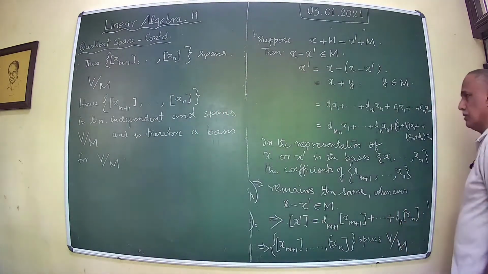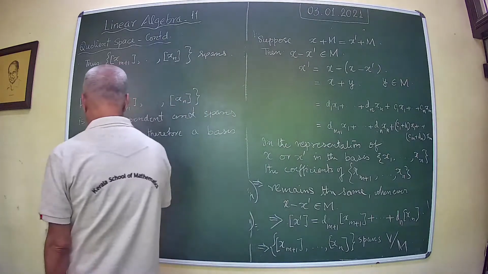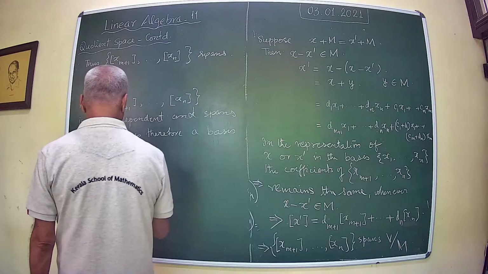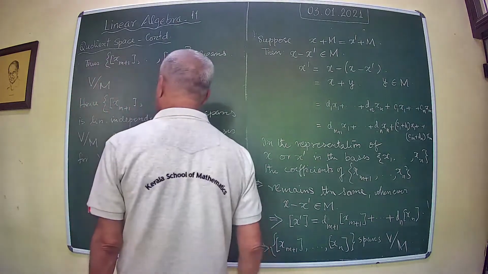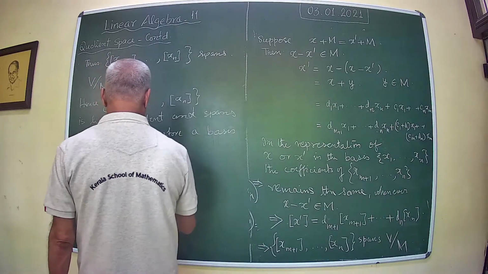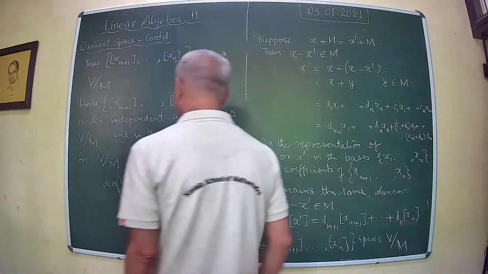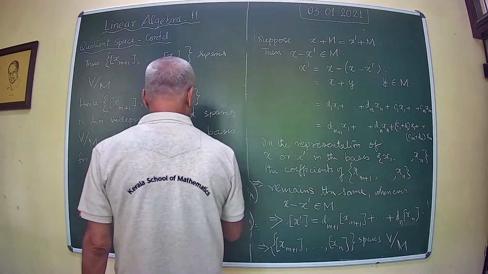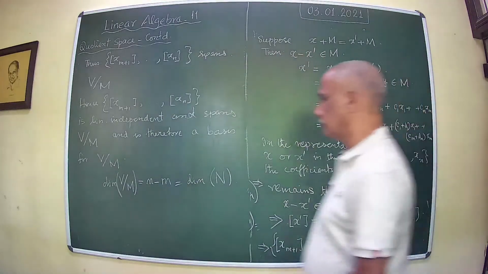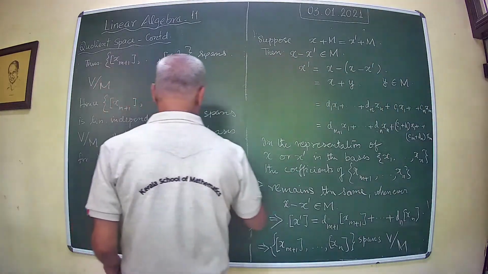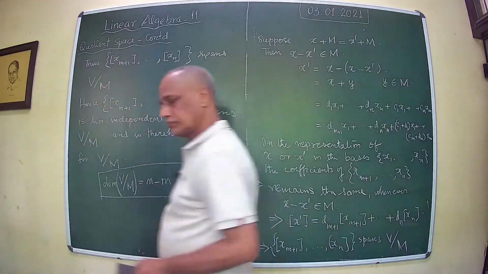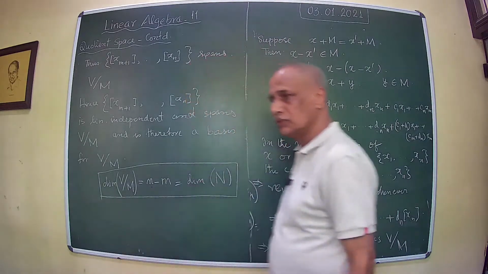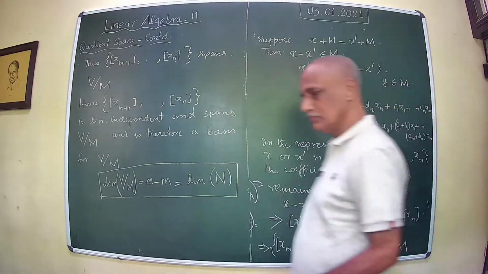We have shown that V by M has dimension n minus m, which is also equal to the dimension of the complementary subspace. Okay. So that completes the proof.